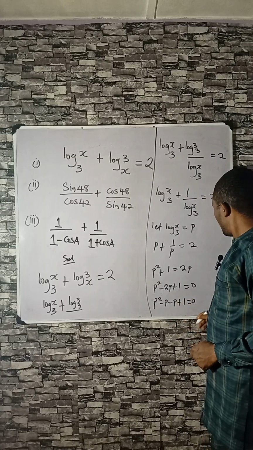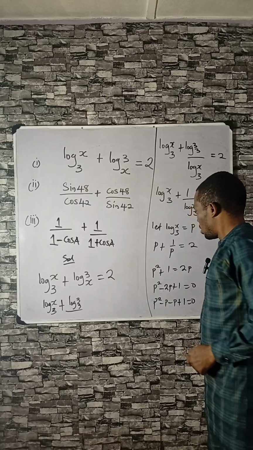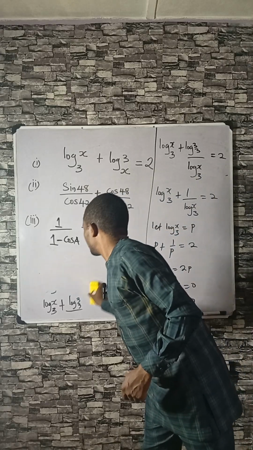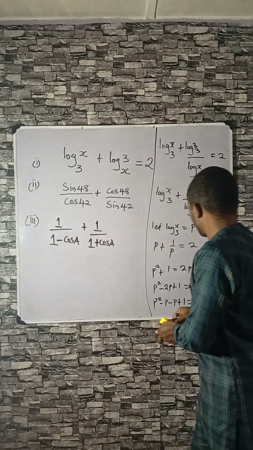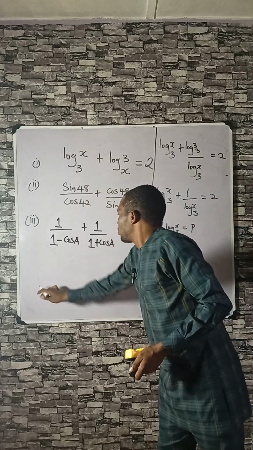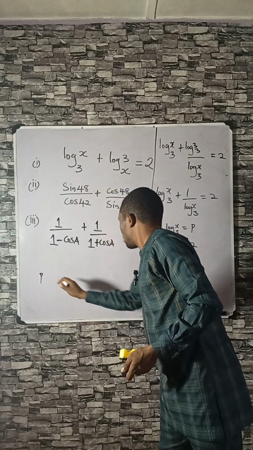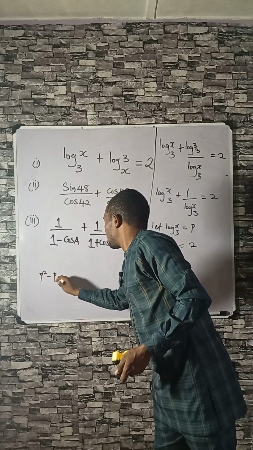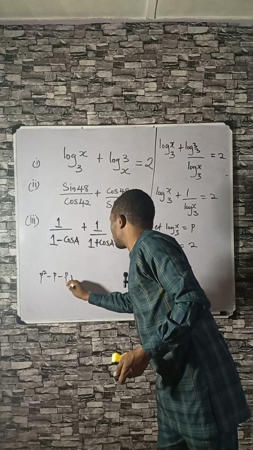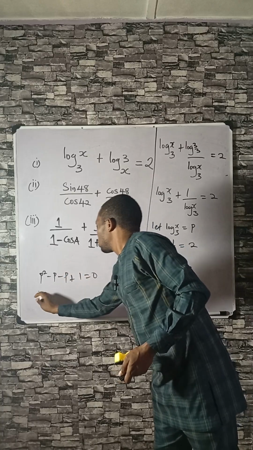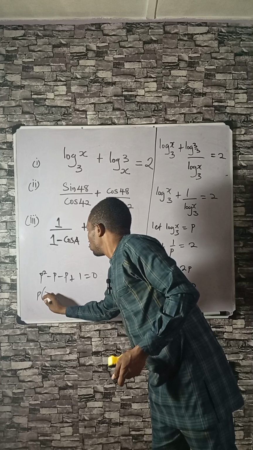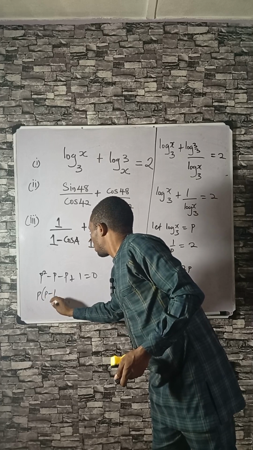Then we are almost done. We factorize, taking this to this side, we have p squared minus p minus p plus 1 equals to 0. So p into p minus 1.